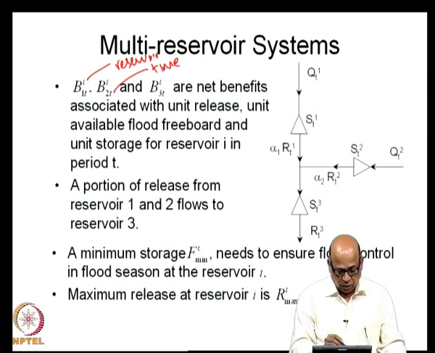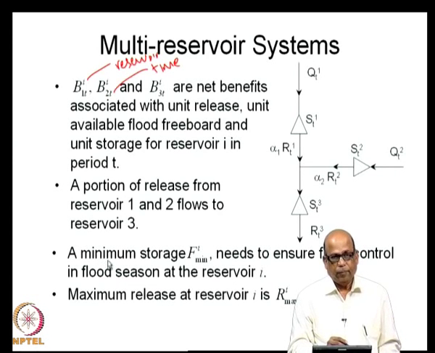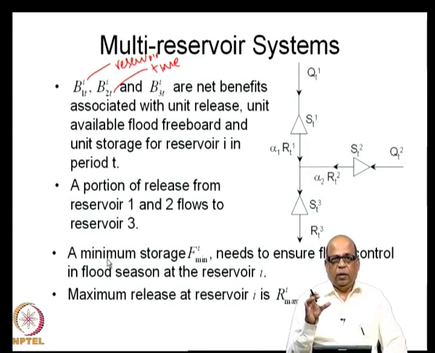Now, a portion of release from reservoir 1 and reservoir 2 flows through to reservoir 3, as I explained, alpha 1 R1T and alpha 2 R2T, they come into reservoir 3. Further, we will say that there is a flood period.